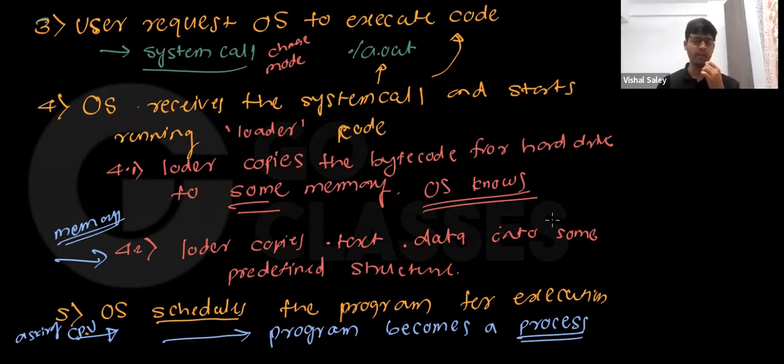It's an empty process, or some generic process, and once that process is created, you will then ask the loader to copy everything. Only after your process gets created, the loader will copy the bytecode from the hard drive and put it into memory, because up to that point there was no memory before that. Is this understood?